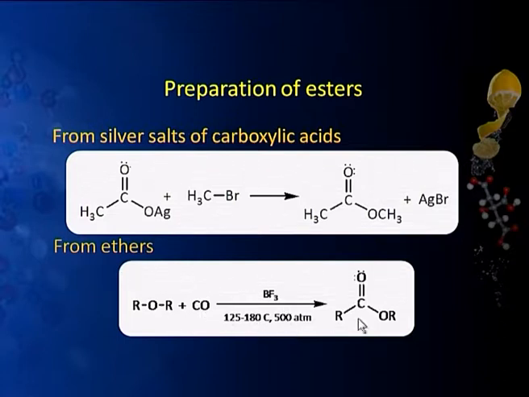They undergo this reaction and we get these esters. Basically what has happened in this reaction is that to the carbon of carbon monoxide, one alkyl and one alkoxide group have added. So one R here, one OR here, and we get the ester molecule.